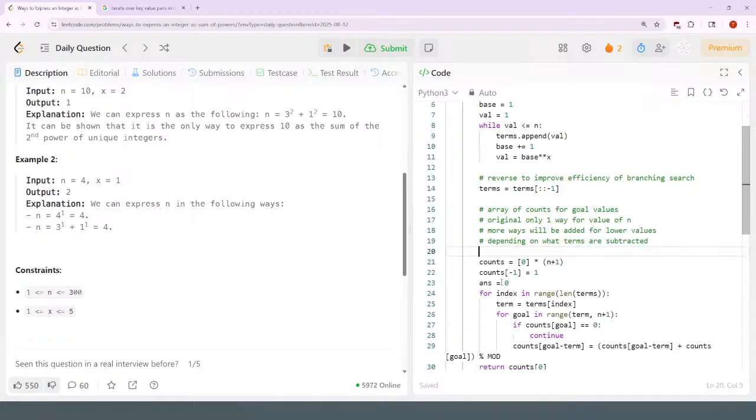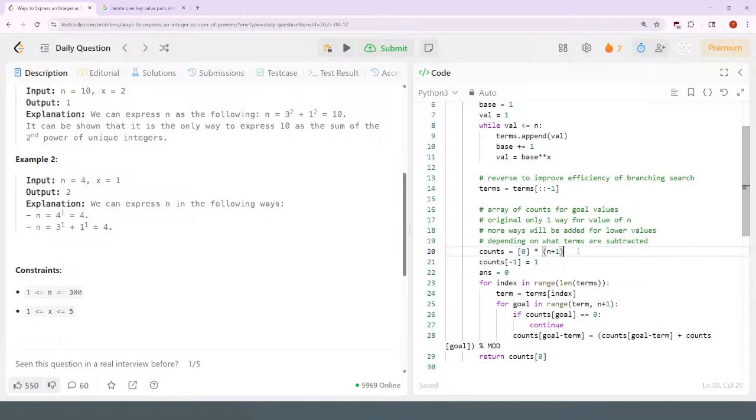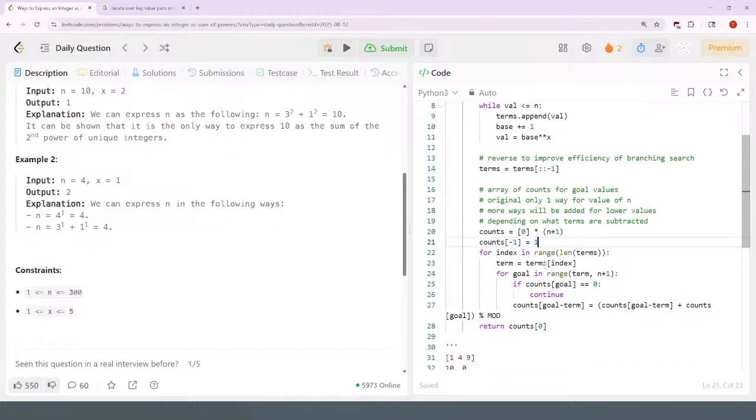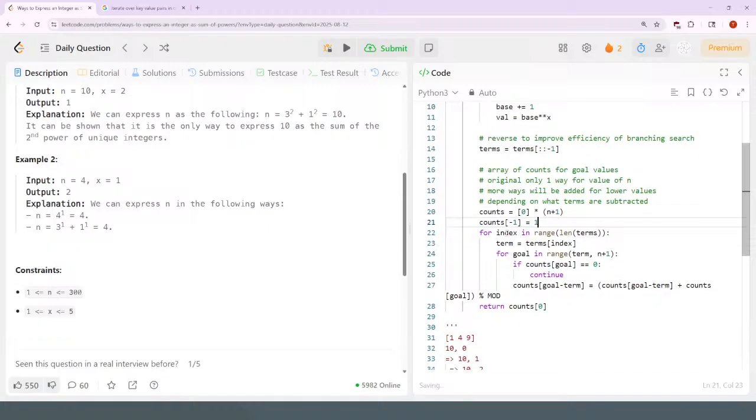So you have your counts array, 0, and the nth value is going to be one way. I guess I don't need this answer. The answer eventually is the counts of ways to get to 0 as your goal.